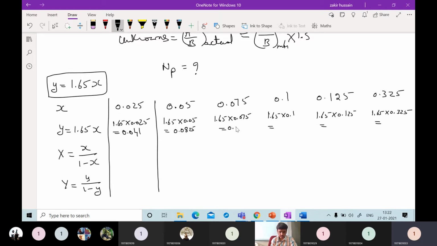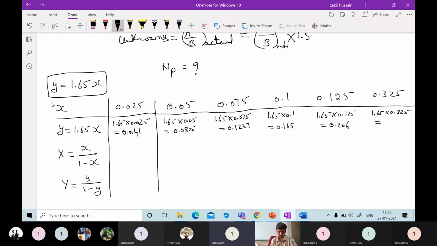Third one 0.1237. Then 0.165. Then 0.206. And the last one is 0.536.